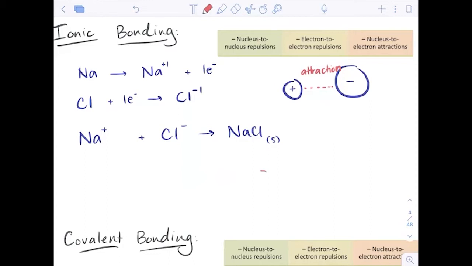Now, if we think about sodium plus 1, and its valence shell is empty. It's got some core electrons. We can draw a couple in there. 2 and 8, just to make sure it's the octet rule. And we can compare it to chlorine, minus 1.